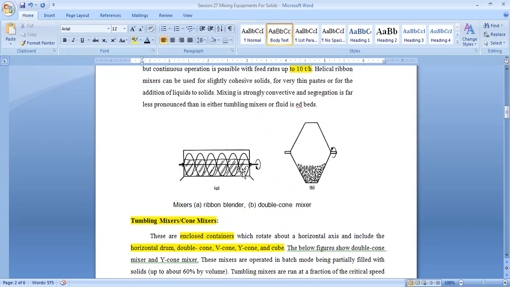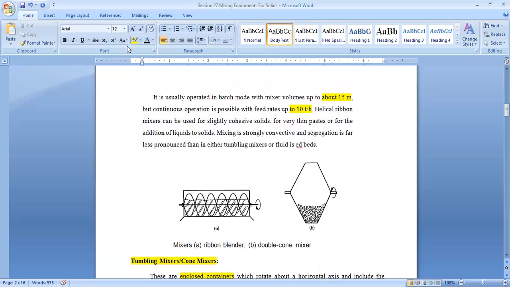And because of this movement, the two parts of dry powder which we are mixing get mixed together, and the operation keeps on going. This type of mixer is known as ribbon mixer, ribbon blender.